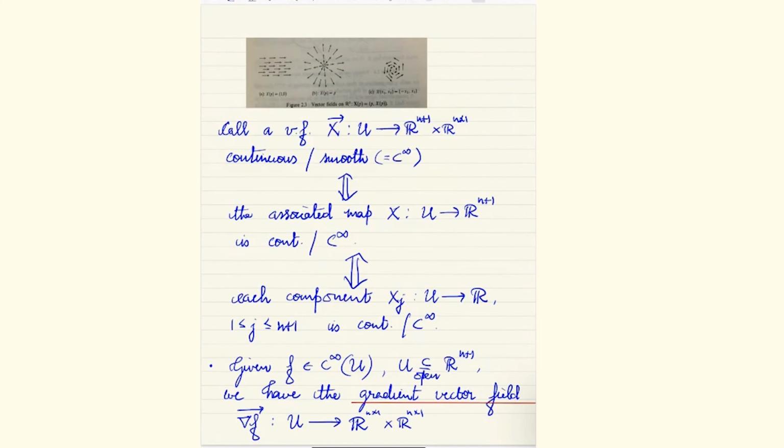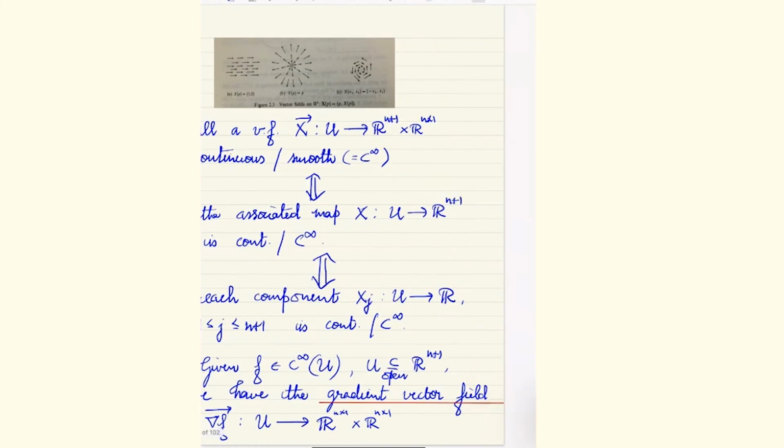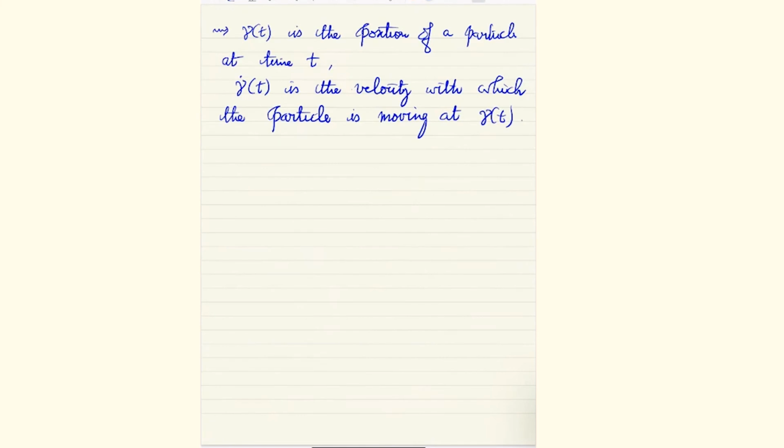You have these pictures for these vector fields, and you can imagine curves which fit these vectors. What do I mean by that? This idea of curves fitting these vector fields is an important one, and it leads us to the notion of integral curves. All of these notions we'll look at again on the surface, but it's very helpful to do it in Euclidean space first, and then do this on the surface.